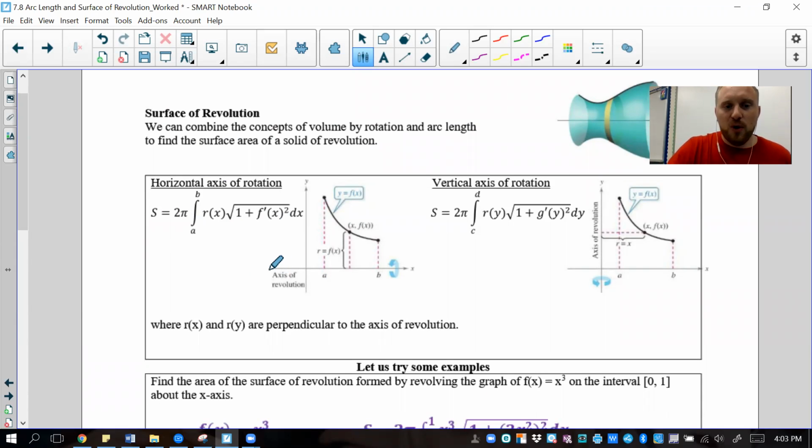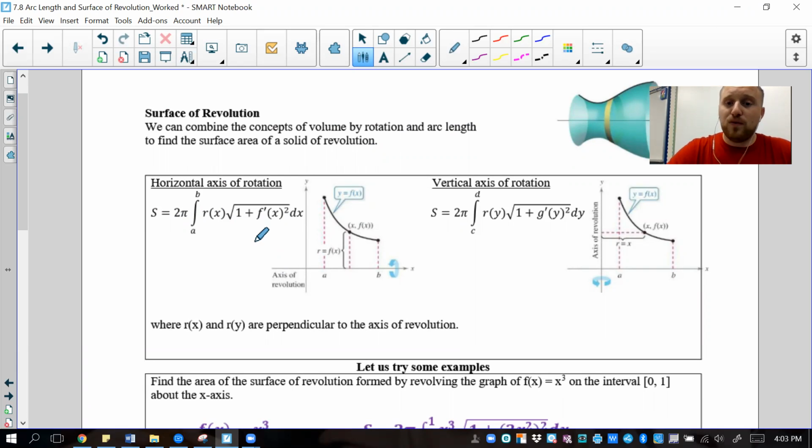Okay, so whenever we do these problems, they are very similar to when we were finding volume, and we have to make sure it's in the right terms. So if we're rotating around a horizontal axis, like the x-axis or y equals 1 or y equals -2, it needs to be in terms of x, okay?